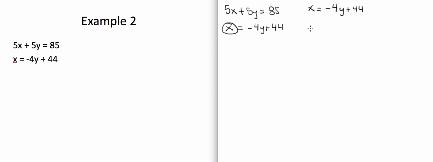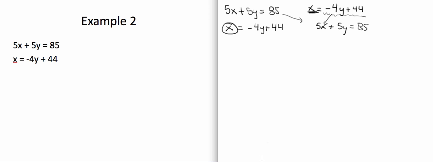The other equation is 5x plus 5y is equal to 85. We said that x and negative 4y plus 44 are the same thing, so we're going to put that in where this x is. Here we need to make sure we pay attention.